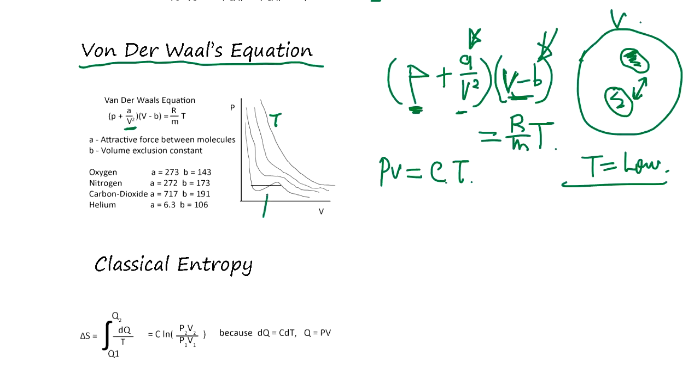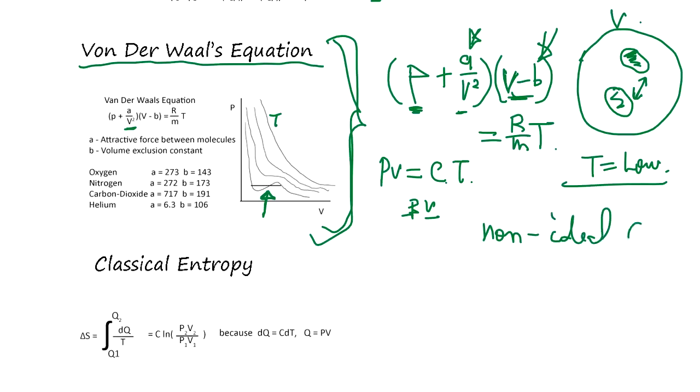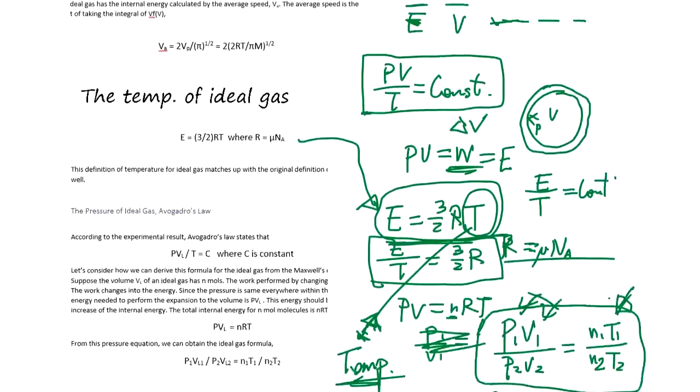A very interesting phenomenon is that occasionally there is an inverted relationship between P and V at low temperature. So that's a kind of non-ideal gas. Non-ideal gas, so the model has to be modified.